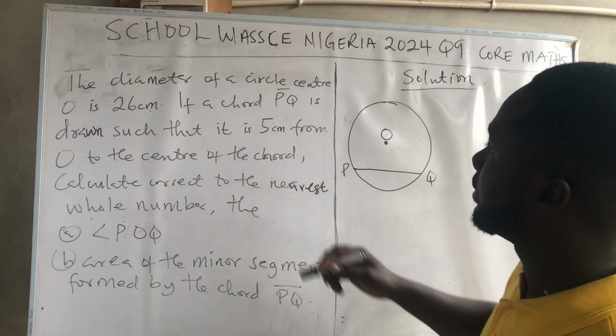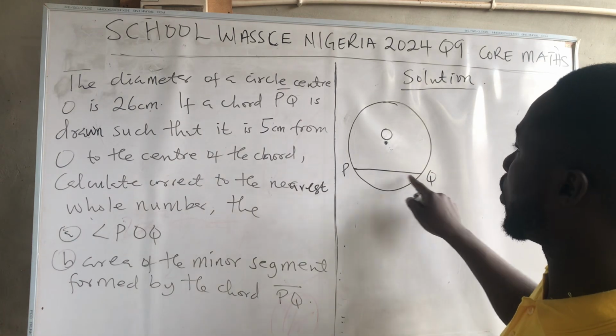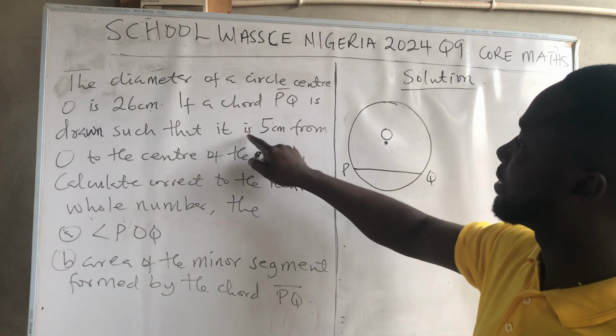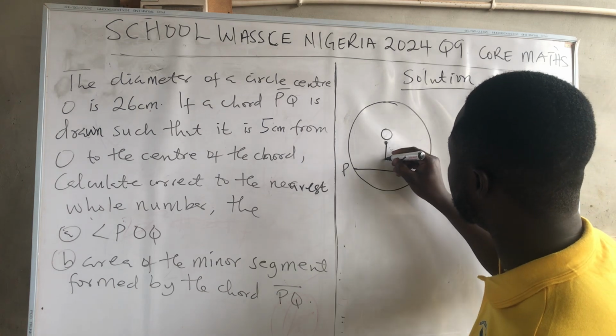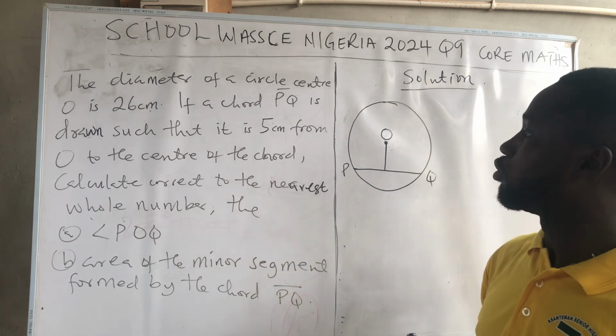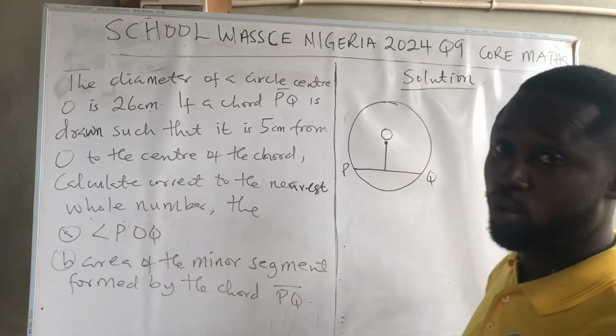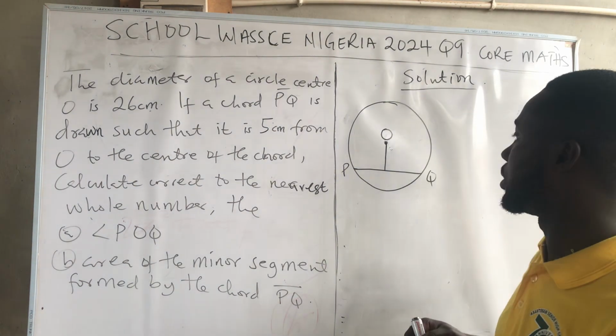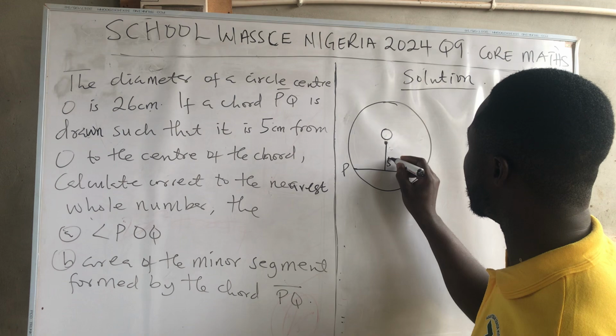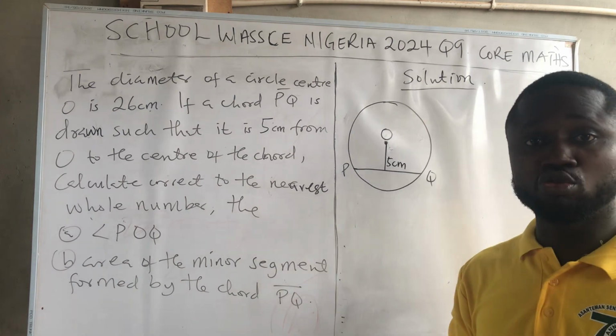And it said that chord PQ is drawn such that it is 5 centimeters from O to the center of the chord. So it means that from O here to the center of the chord is 5 centimeters. So the line divides the chord into 2.